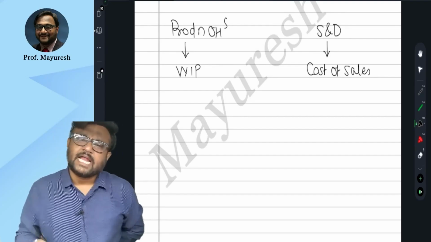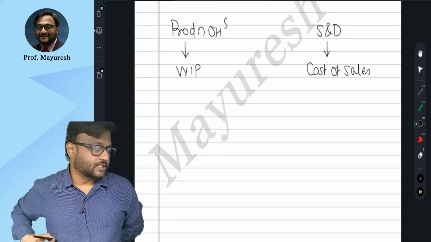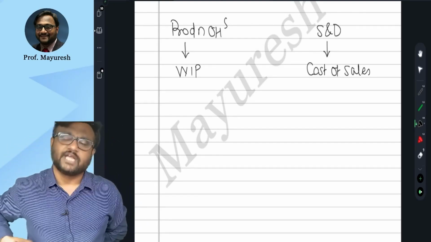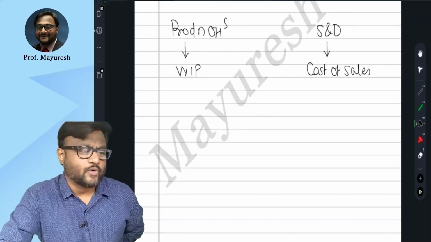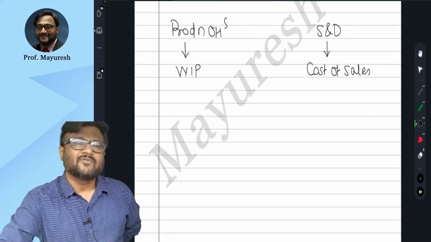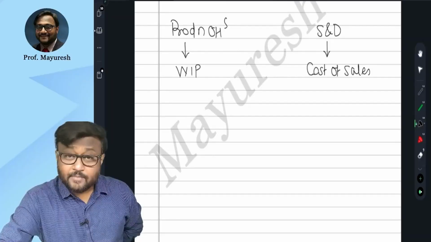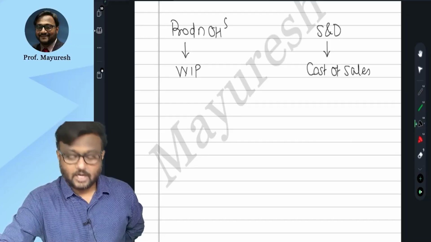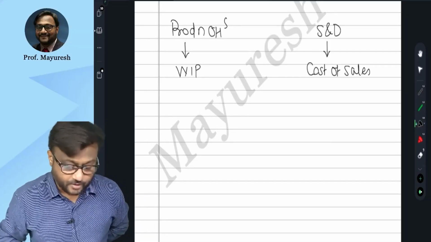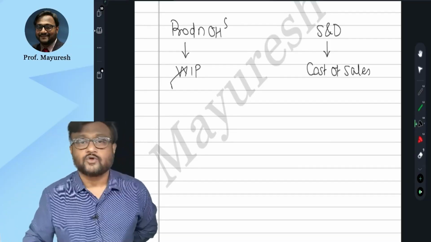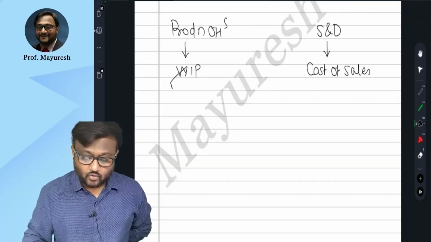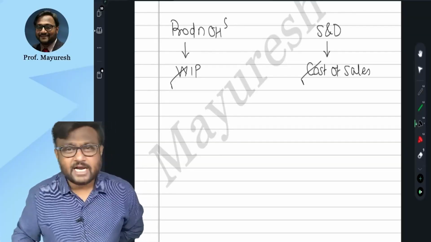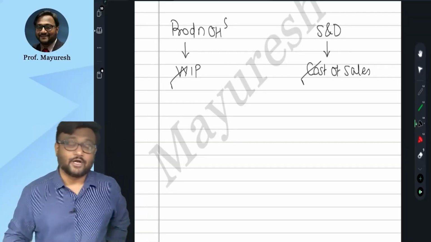You will pass entry for incurring these expenses, production overheads to cash bank, to CLC, selling and distribution overheads to CLC. That's fine. But immediately you will have to absorb this because you have to recover it from the customer. So production overhead being part of production will be posted to WIP. So WIP ledger control account debit to production overheads, and selling and distribution can't be a part of production cost.